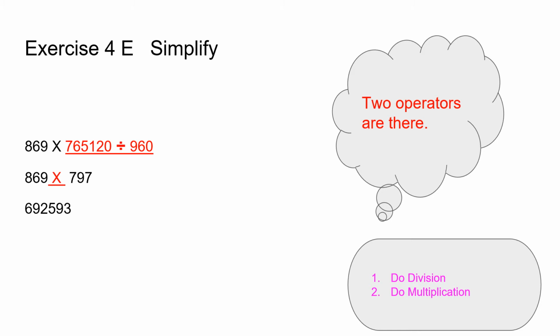First divide 765120 with 960. The answer is 797. Then do the multiplication. 869 multiplied by 797 and the answer is 692,593.